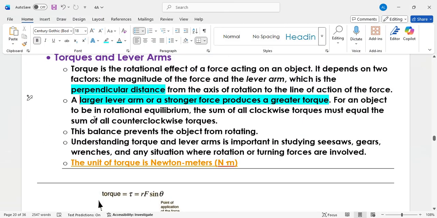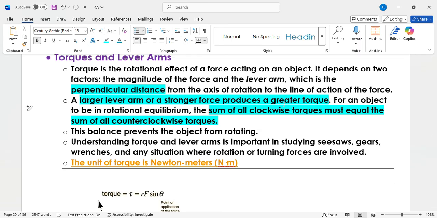For an object to be in rotational equilibrium, the sum of all clockwise torques must equal the sum of all counterclockwise torques, all right? So clockwise, counterclockwise, it has to be equal for an object to stay in rotational equilibrium.